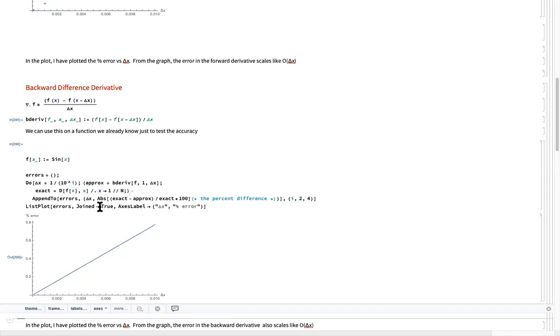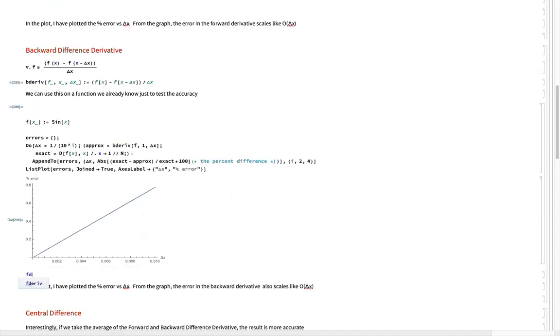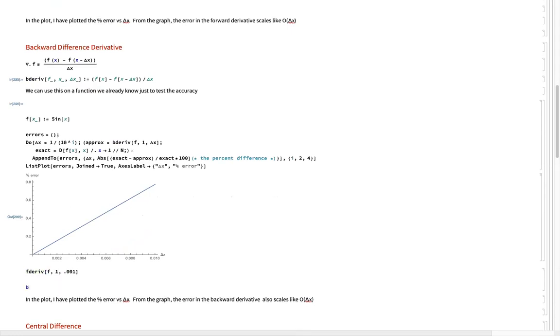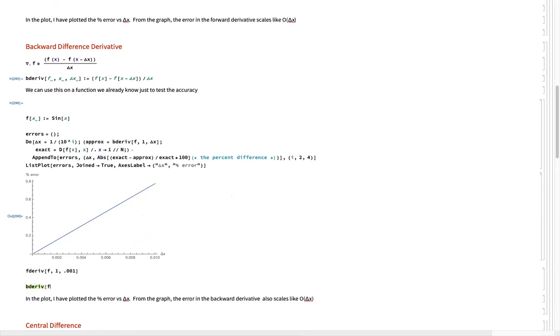You might be interested in evaluating the forward derivative of f at 0.001, and then we'll compare that to the backward derivative of f at the same point, 0.001.